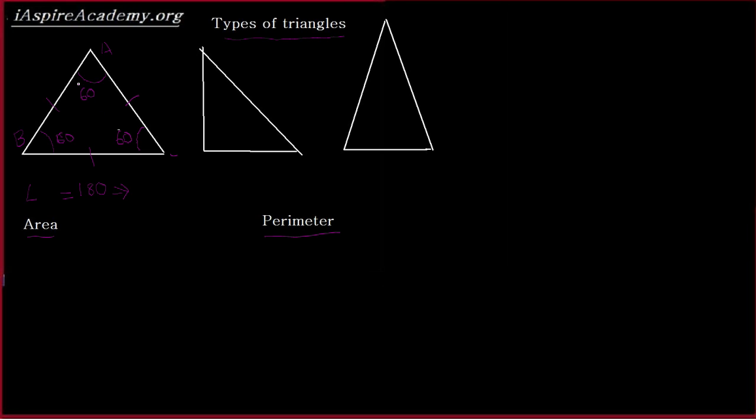If each of the angles is the same and the sum of all three is 180, then each of them is 60. So that's all about the equilateral triangle.